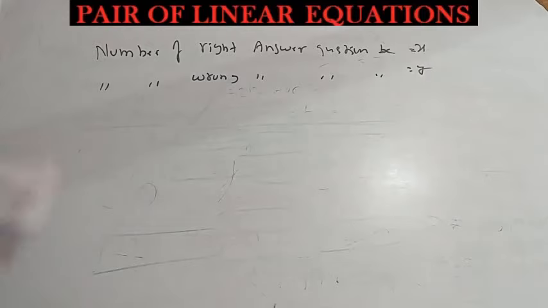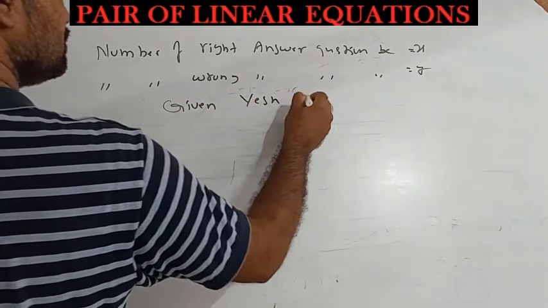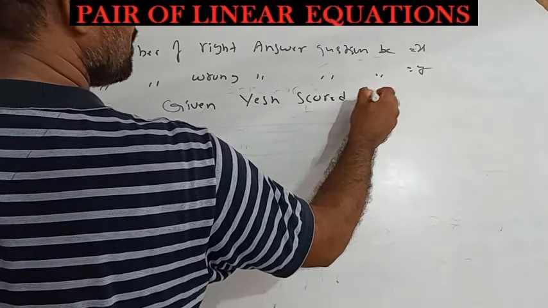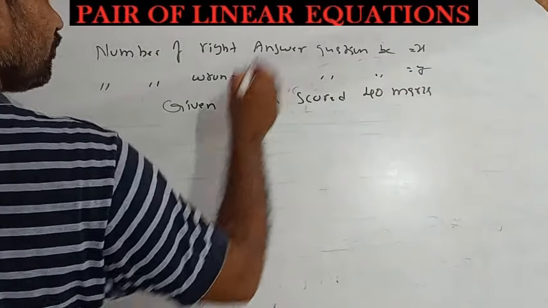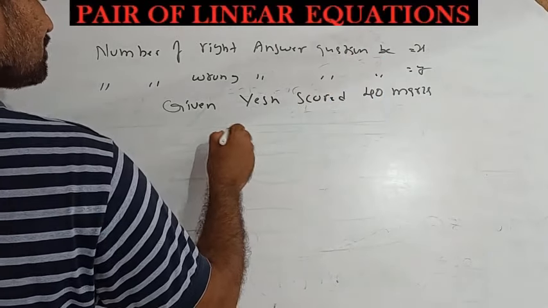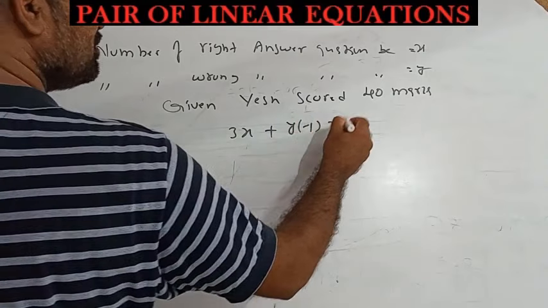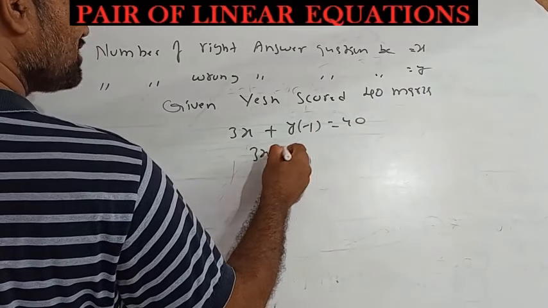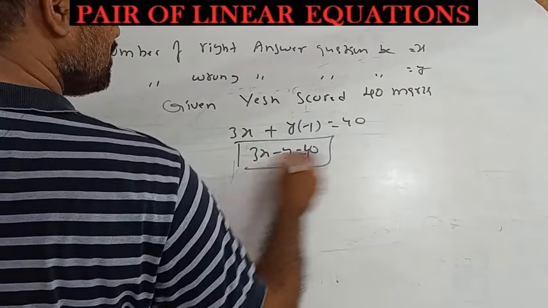Understood? Yes. He scored 40 marks. What is the meaning of that? For each correct answer 3 marks, 3x, plus for every wrong answer minus 1, minus y. This is equal to 40, or 3x minus y equal to 40. This is equation number 1.